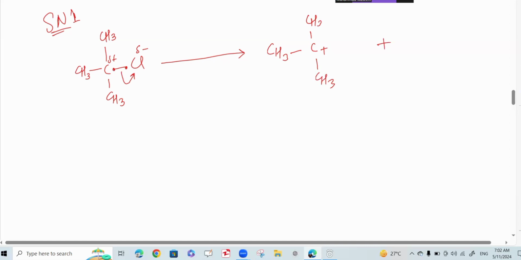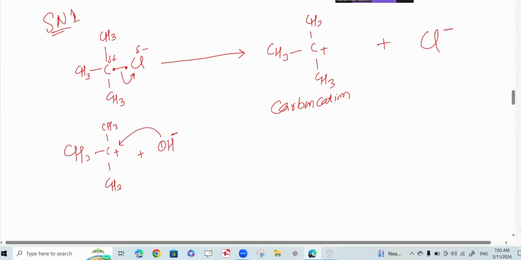Carbocation means carbon having a cation, a positive charge. When the carbon becomes a cation, it is called a carbocation. And then there is the release of the leaving group. In the next step, this CH3 carbocation is attacked by hydroxide.